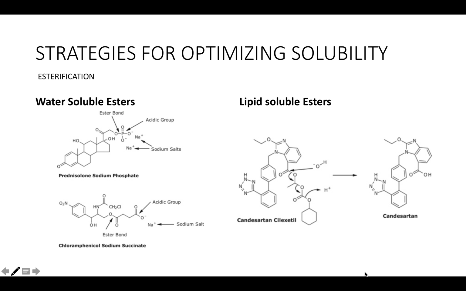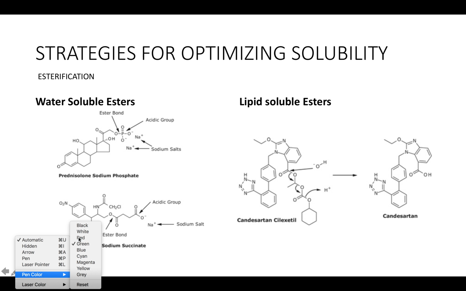Now, another way to optimize the solubility of the drug is by the use of esters. You can esterify a molecule and either increase the water solubility or increase the lipid solubility of these particular esters. Oftentimes when you synthesize a drug as an ester, you're synthesizing that drug as a prodrug.